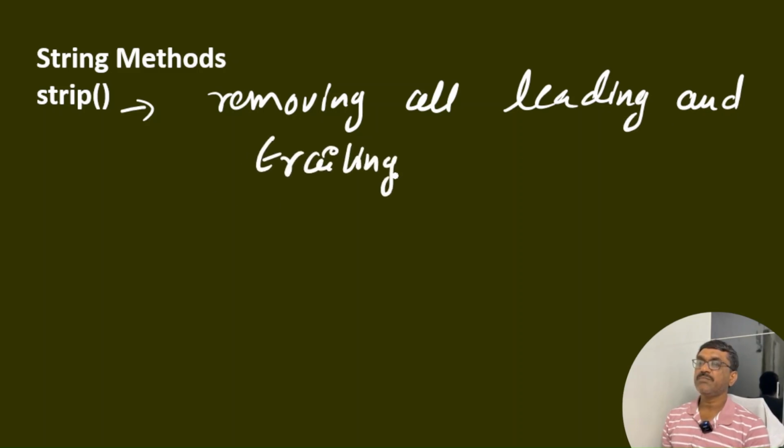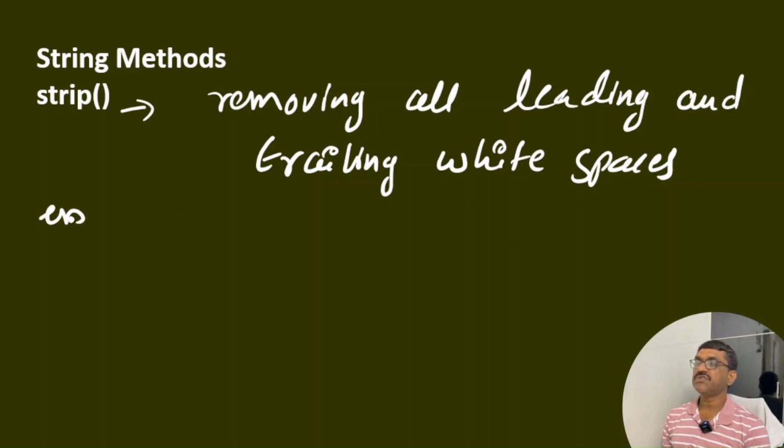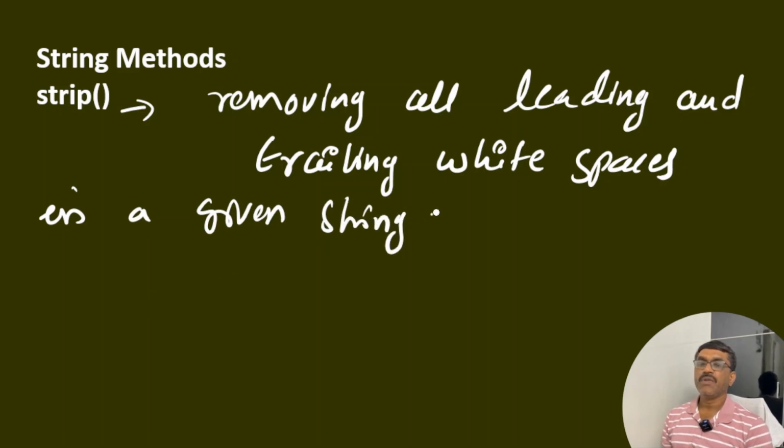This is very important. This is the simple definition of strip. Now, what are the kinds of strip methods? After discussing strip, next we are going to discuss lstrip, after that rstrip.